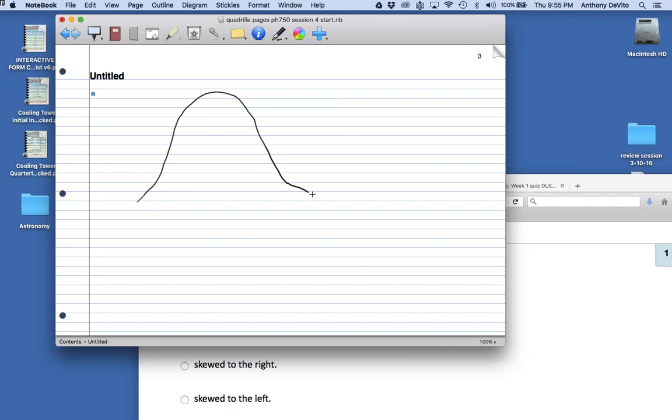Here's my best estimate of a perfectly drawn normal distribution. One of the properties of this is that the ends are asymptotic, that it's symmetrical. This side is a mirror image of this side. 50% of the population is below the mean, and 50% of the population is above the mean. The other thing is that the mean is equal to the median, right?